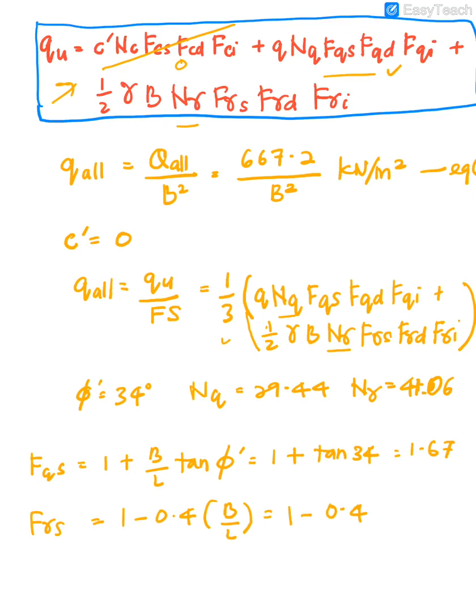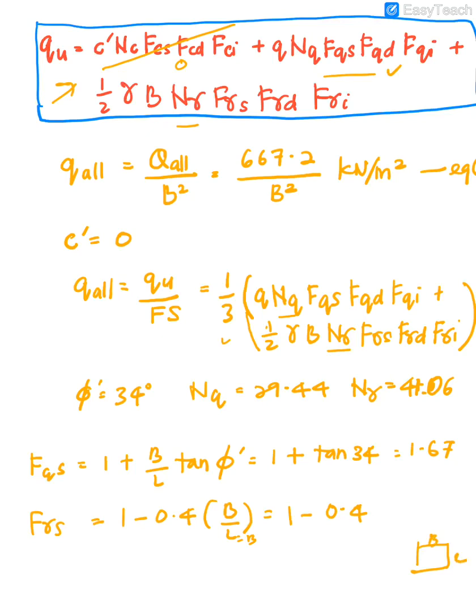So B over L also equals B over B, because it's square. If it's a rectangular foundation, then it is B times L, the size.